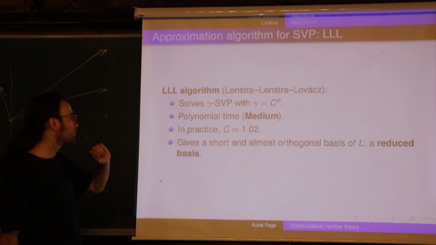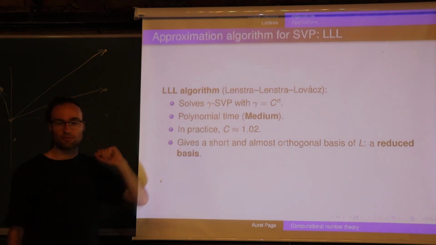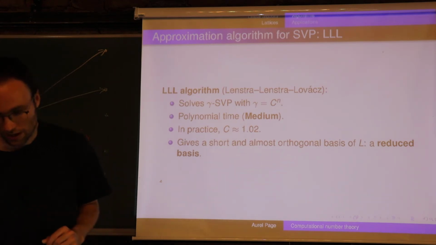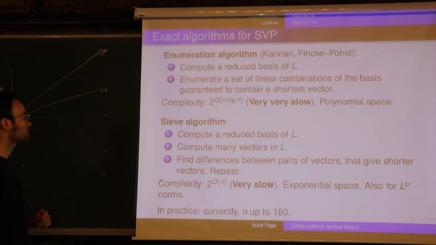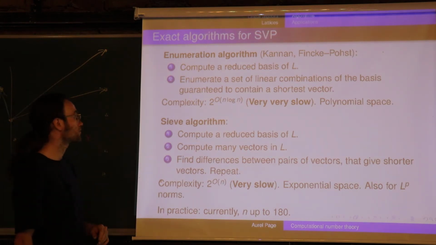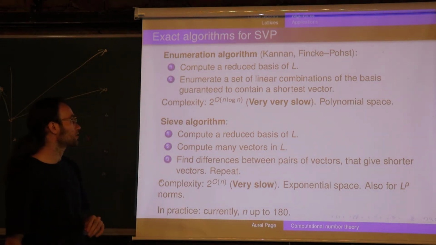But now, what if we want to solve the actual exact shortest vector problem? We also have algorithms for that, but much slower. So there are two families of algorithms for that. There is the enumeration algorithm family, which works like this.